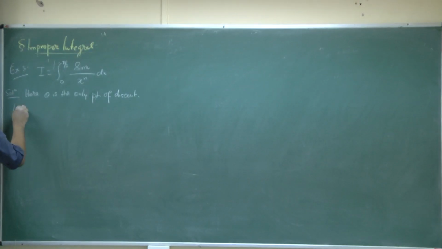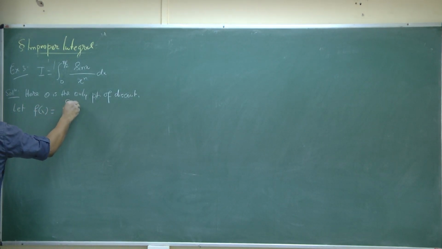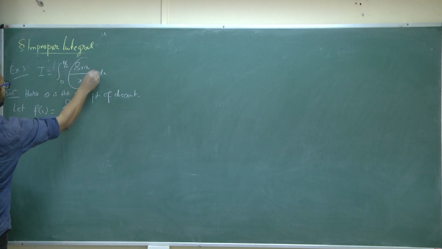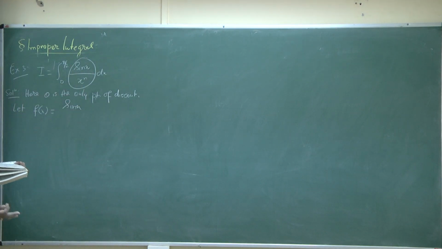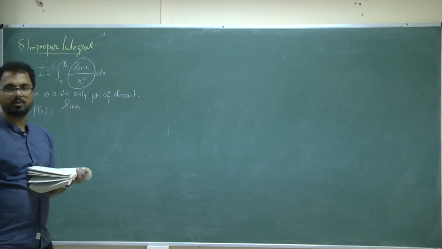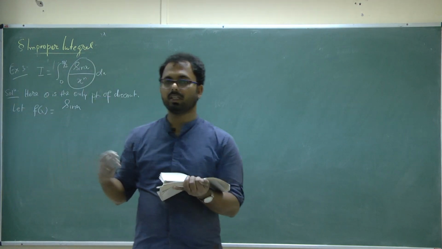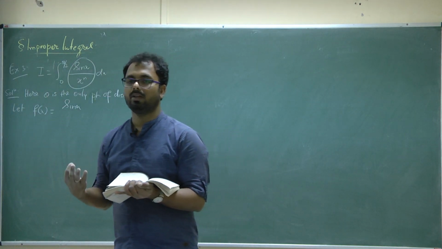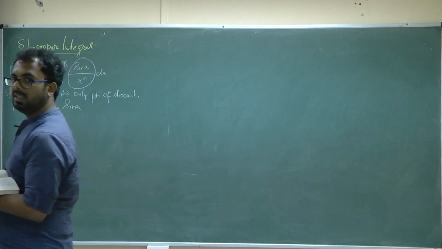Now, we will say let f(x) equals to the given integrand. You will always have to assume f(x) as the given integrand, because if you assume f(x) as something else, then you may not get the second comparison test working for the same integral which is given to you.